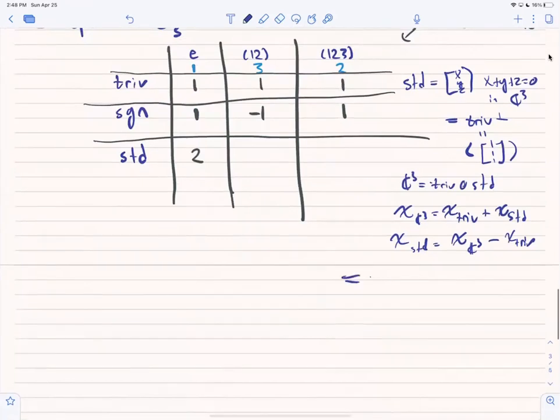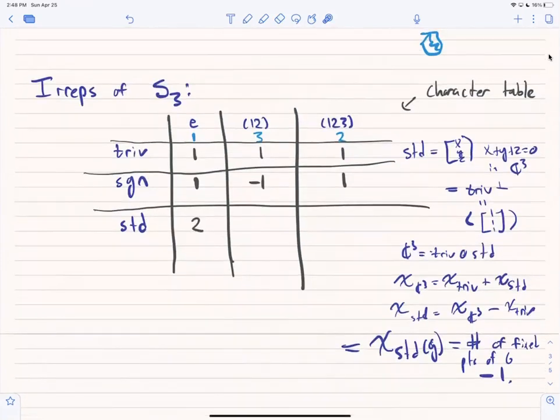So if you take the character of the standard representation on some element g, from the first part you just get the number of fixed points of g, and then subtracting out the trivial representation, you get -1. Okay, so that checks out for the identity element. The identity element fixes 1, 2, and 3, so there are 3 fixed points, but you subtract 1, so you get 2. Here, a transposition has 1 fixed point, so you get 0.